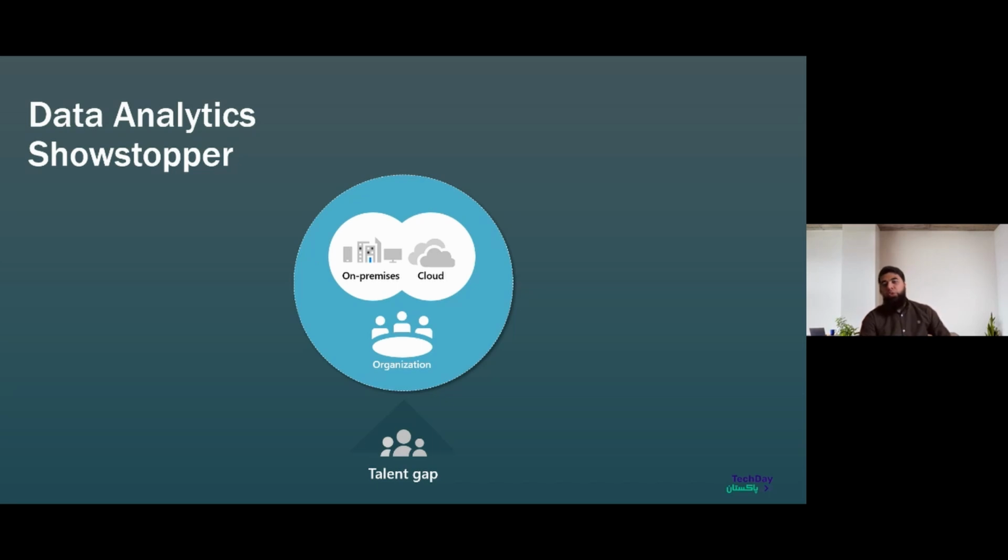One more thing which I want to add here in the talent gap area is that we enabled our business users, right? We transformed the IT department from a traditional IT department, which is responsible just to provide network connectivity, operational connectivity, infrastructure services, and basic database and application services, to a modern workplace, which is actually the theme of Microsoft as well.